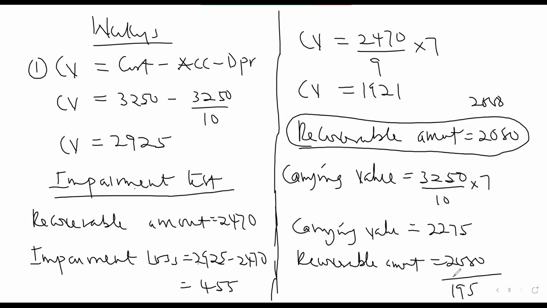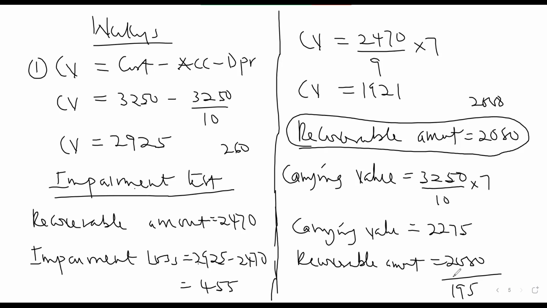The total impairment that should have been recognized will be 195. But what was the total impairment that we recognized on the asset? 455. What's the difference? 260. You don't reverse the 260.